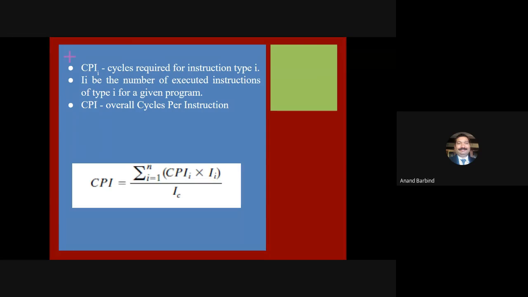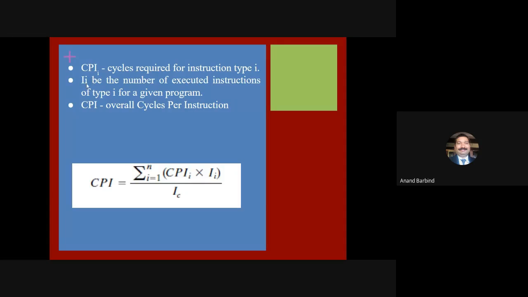There may be, let us say, 3 to 4 types of instructions, so CPI 1, CPI 2, CPI 3. If there are n types of instructions, then you will have CPI 1, 2, 3 up to n. You can note the CPI for each type of instruction.